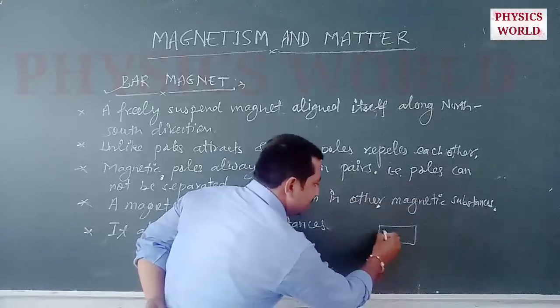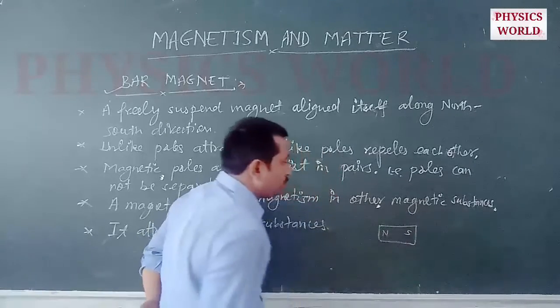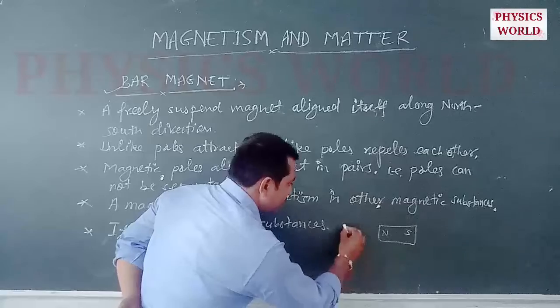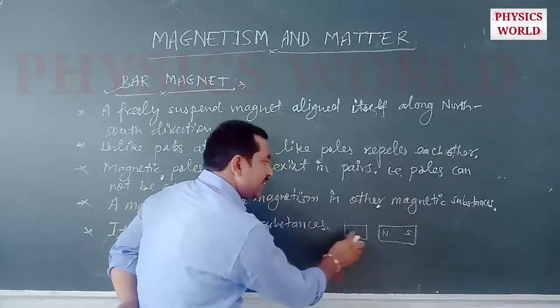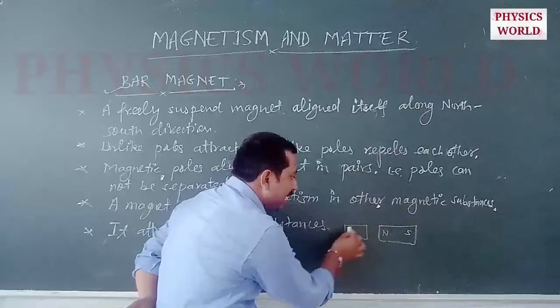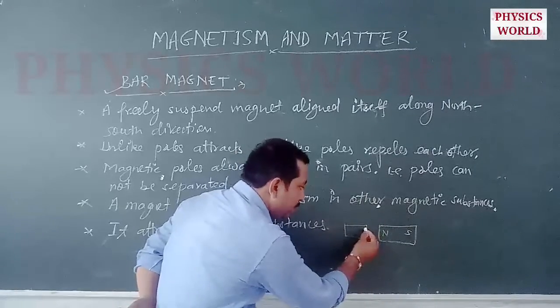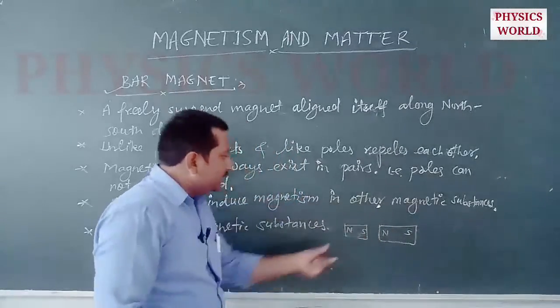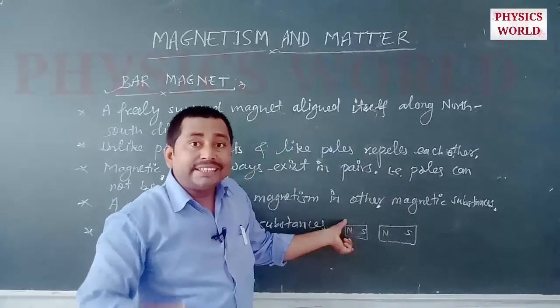This is a bar magnet, this one is the north pole, this one is the south pole. If we place an iron rod towards the north pole of the bar magnet, then the iron rod becomes magnetized, and this end becomes the south pole and this end becomes the north pole.